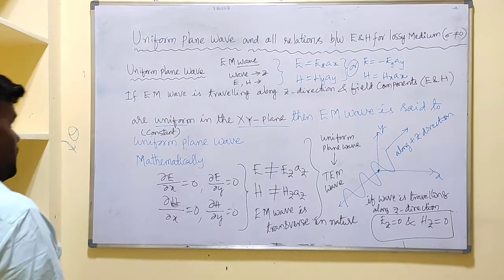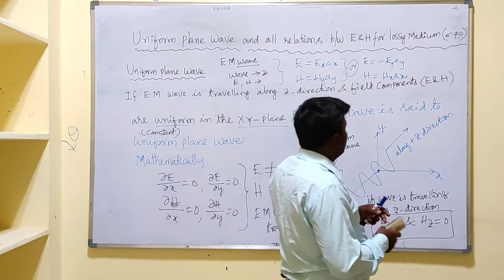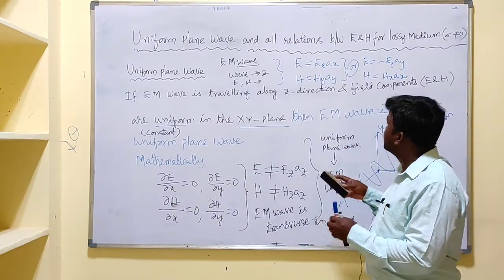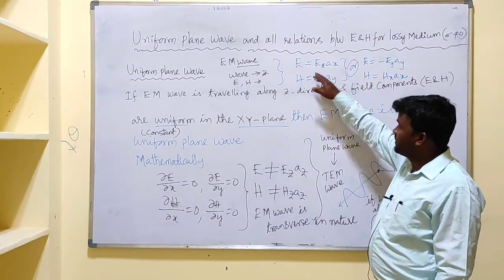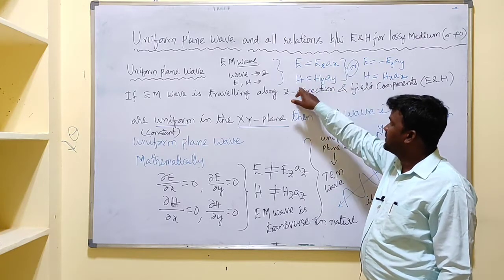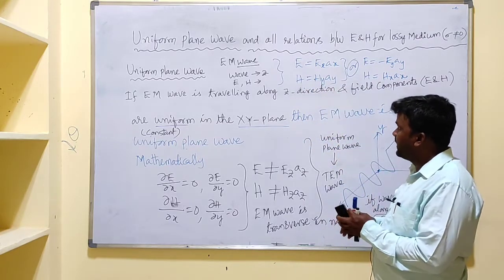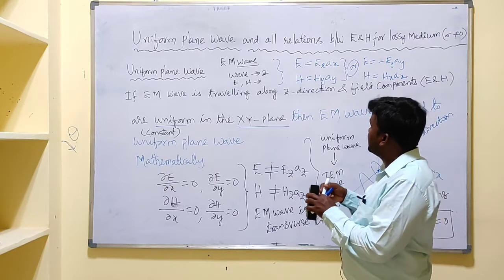So, for simplicity, let us consider E equal to Ex Ax, that means E is along the x direction and H is along the y direction, and our wave is traveling along the z direction.